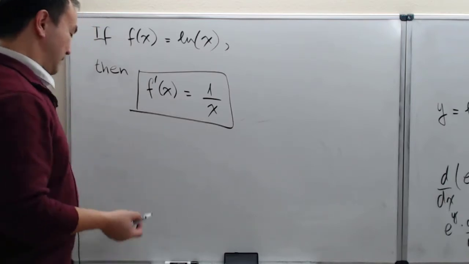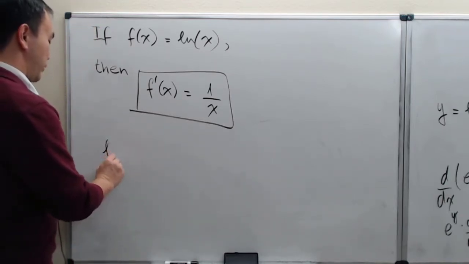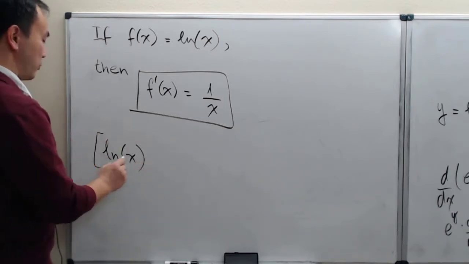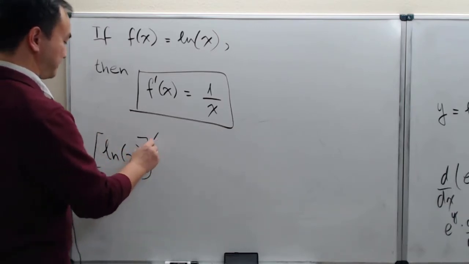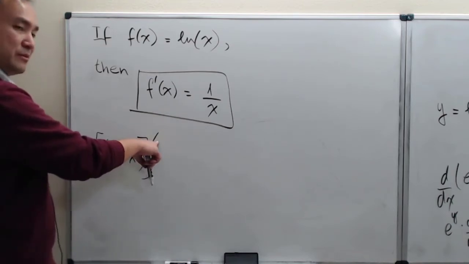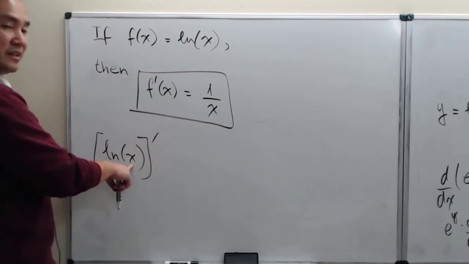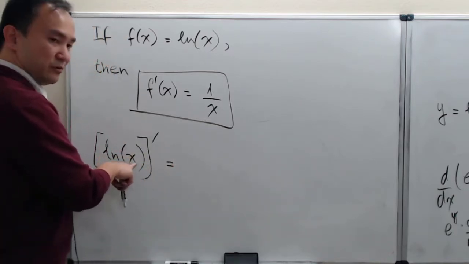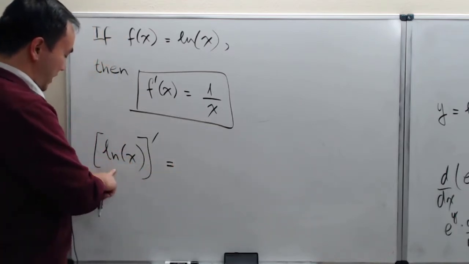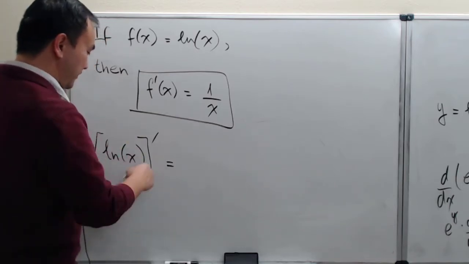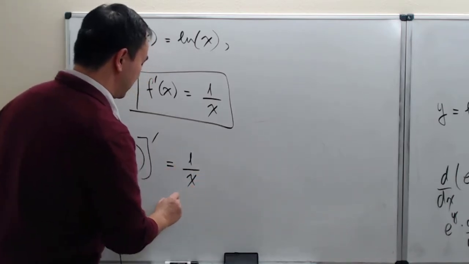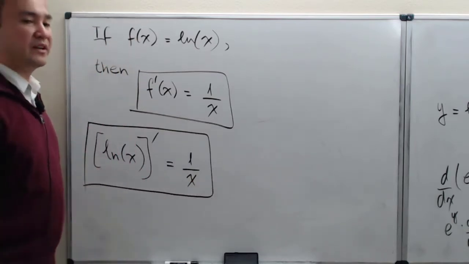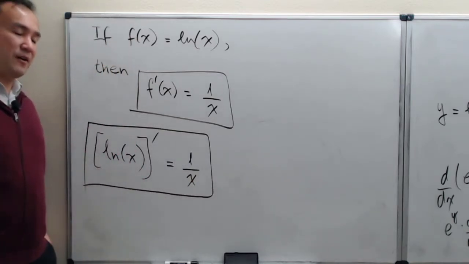A short way of writing this rule, the derivative of the natural log function: the prime symbol assumes the variable is the x here, the only variable written in the problem. So natural log of x, take the derivative, gives us 1 over x. That's another way of writing the rule.